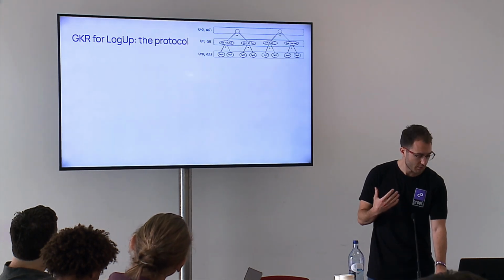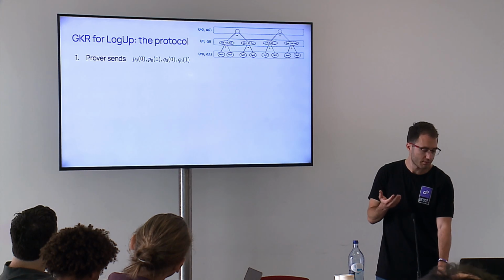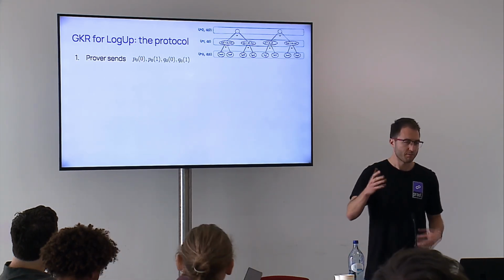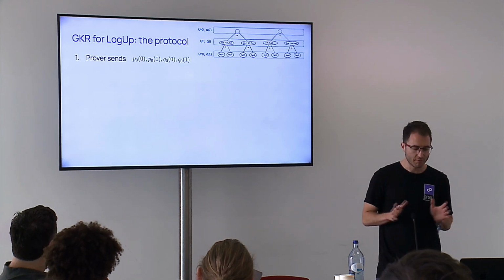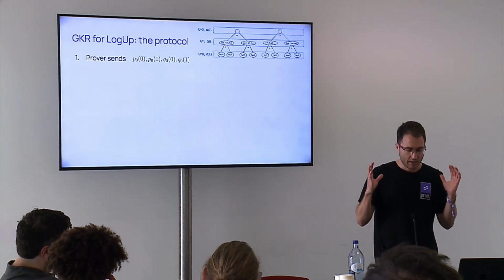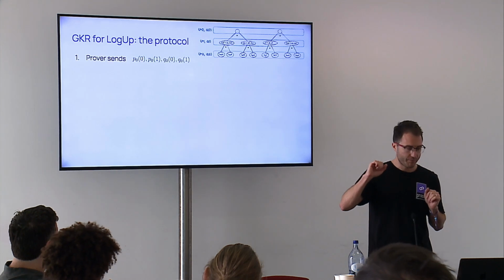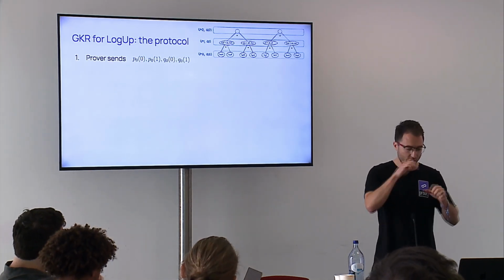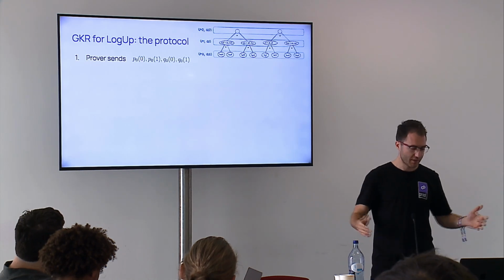Right, so I guess that's what I just said, but maybe we can also do it a bit slowly. We have our circuit. How do we prove LogUp in GKR? That's the last slide about this.